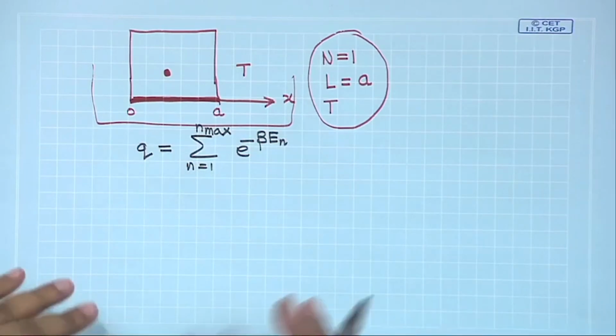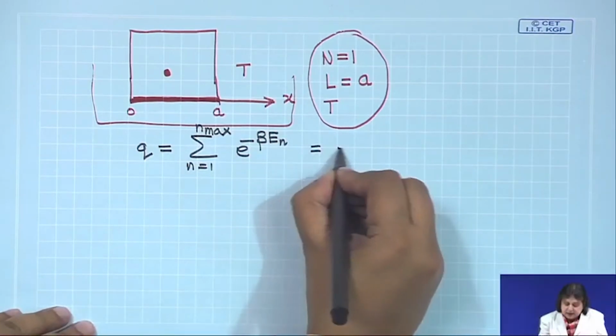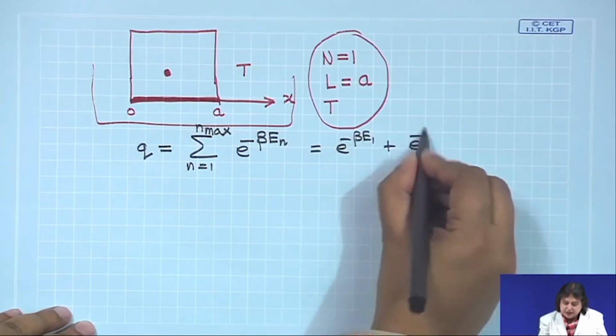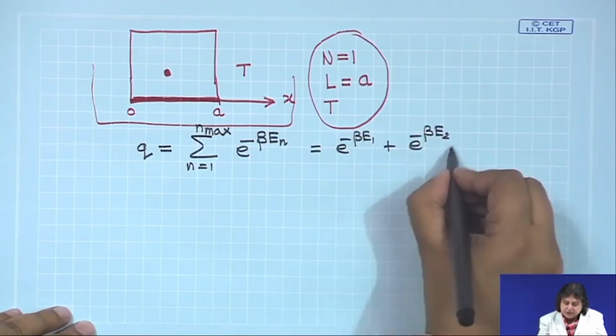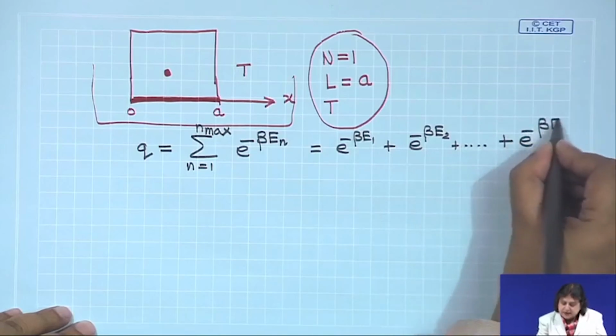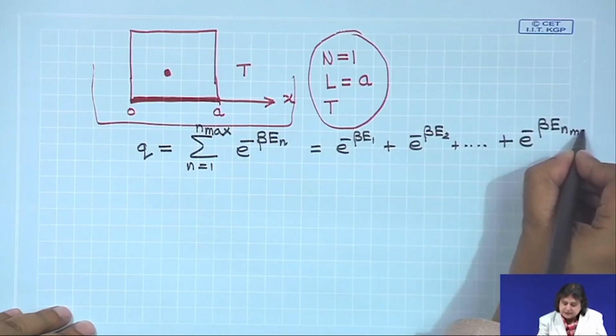If I do this summation, then I will have e to the power minus beta E 1 plus e to the power of minus beta E 2 and so on and so forth. Let us say that I will go up to e to the power minus beta E n max.